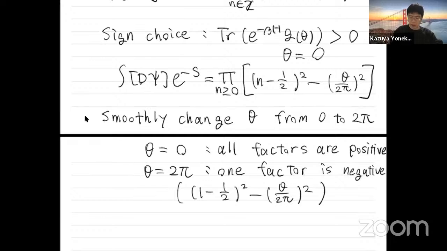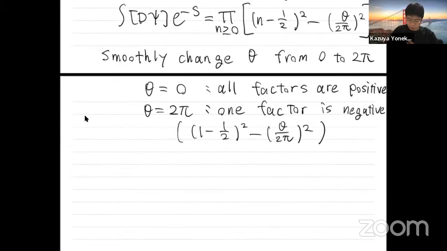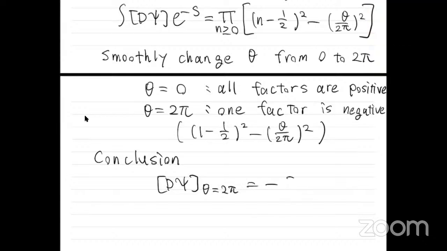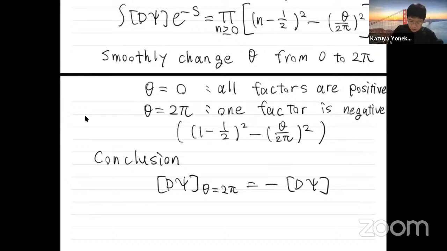So this factor is negative at theta equals 2 pi. And other factors are positive. So we conclude that there is some sign ambiguity in the sense that this path integral measure at theta equal 2 pi is actually minus the path integral measure at theta equal 0.